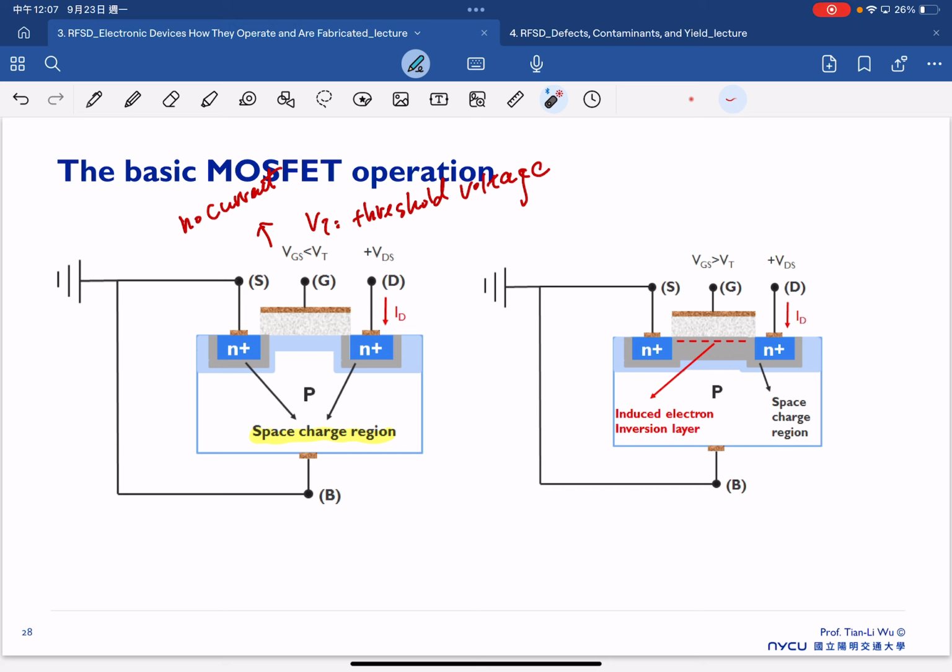Once we apply a bias where VG is larger than the threshold voltage, we start to induce an inversion electron layer. Because we now apply the drain bias, we can expect the drain bias to attract the electron flow to the right.